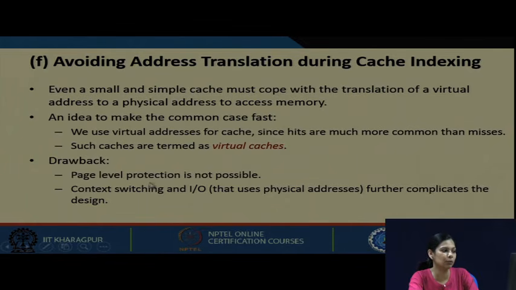So, page level protection is not possible. This is a drawback. And context switch and I/O that use physical addresses further complicate the design, because I/O and context switching, that means switching between two processes, are required often. So, that process becomes more complicated.